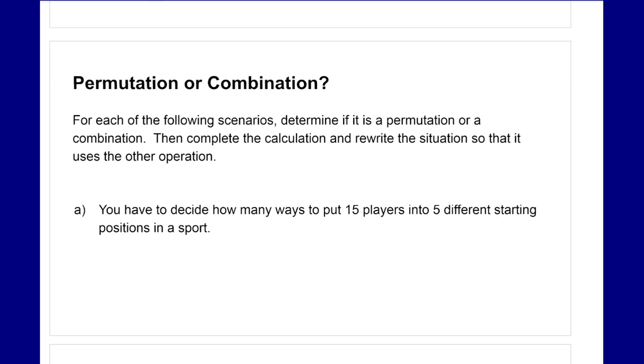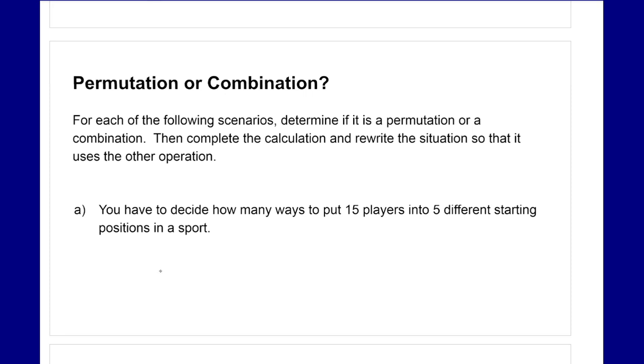Well, because we're looking at starting positions, order will matter in this case, because how you start depends on the order of starting. It will differ if you have 5 different players. It's different if I start first and we have 4 other people than if I start last and we have those same 4 people in that grouping.